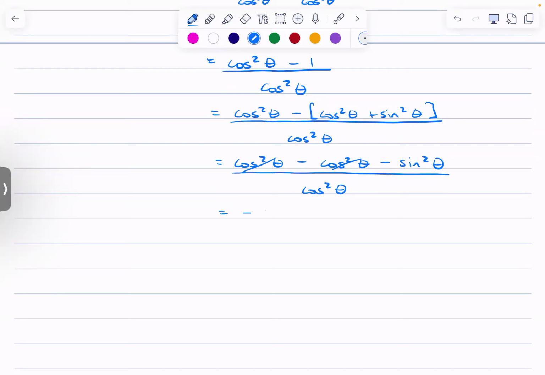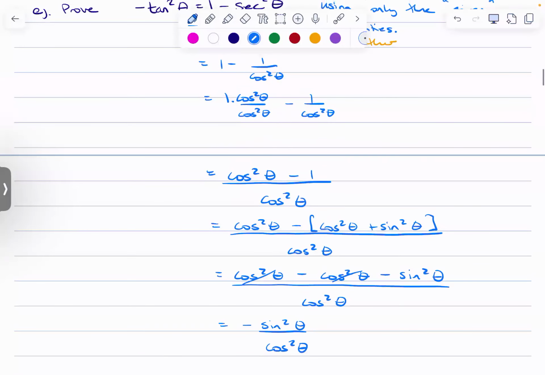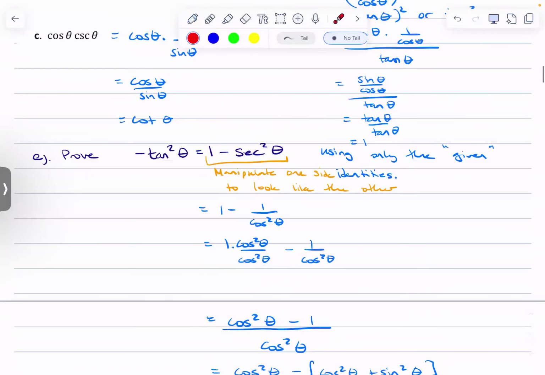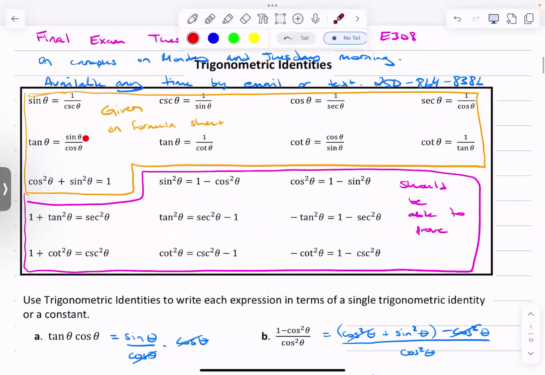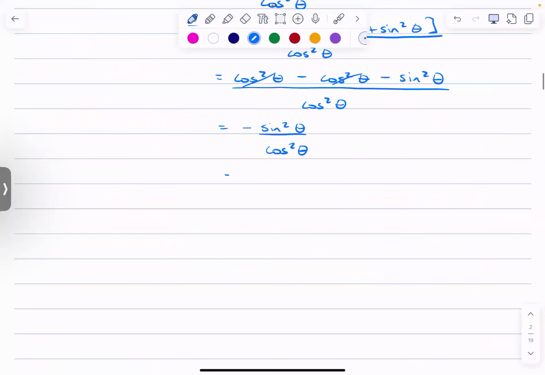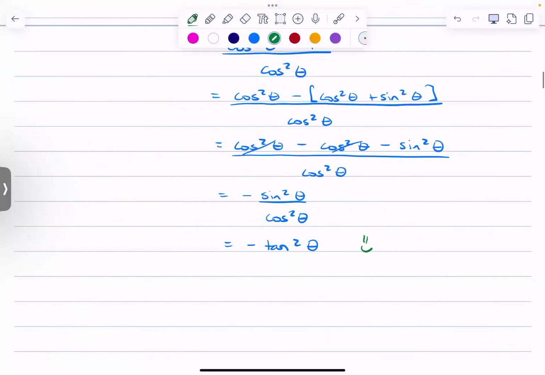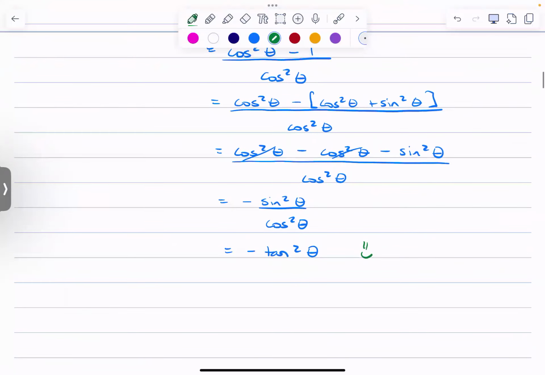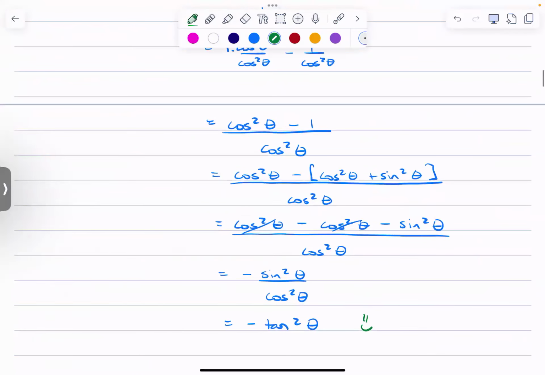And what I'm left with is negative sine squared theta over cos squared theta, which is very exciting because sine squared theta over cos squared theta is tan squared theta. And then I have the negative out front. So I get negative tan squared theta. Whee! And then you've proven that they are the same.